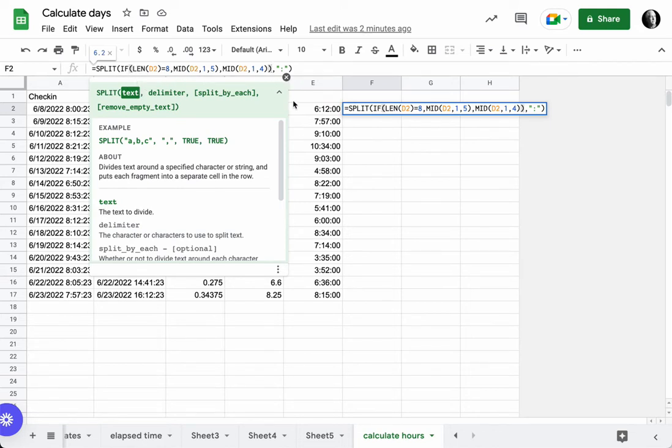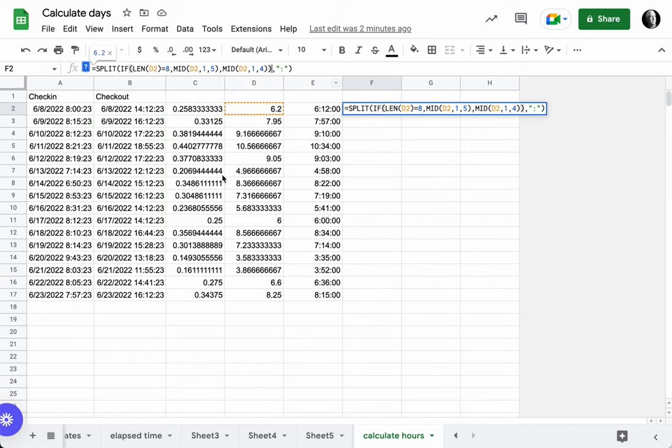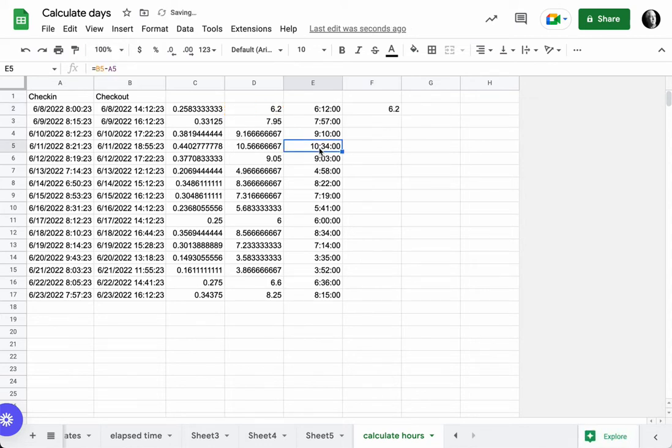If the length of D2 is 8, and in that case that would be this one here, 1, 2, 3, 4, 5, 6, 7, 8. So in this case it's 8.